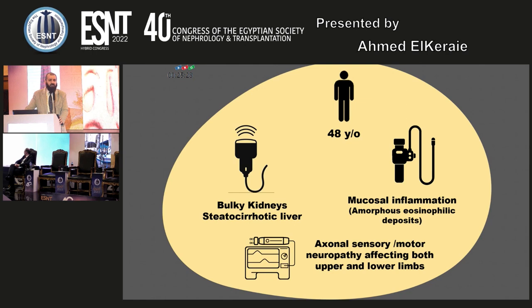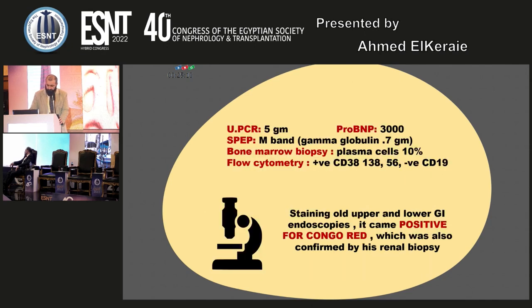Unfortunately, it was not taken to the end of histopathological diagnosis at that time. Then, due to his neuropathy, he had an electrodiagnostic study that showed axonal sensory motor neuropathy affecting both upper and lower limbs. His urinary protein creatinine ratio was 5 grams and his proBNP was 3000.